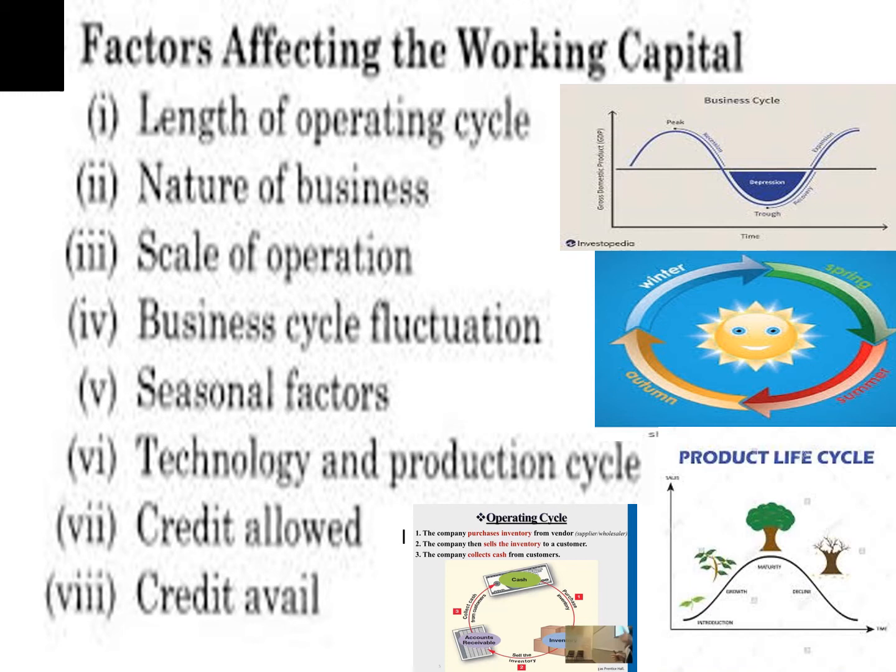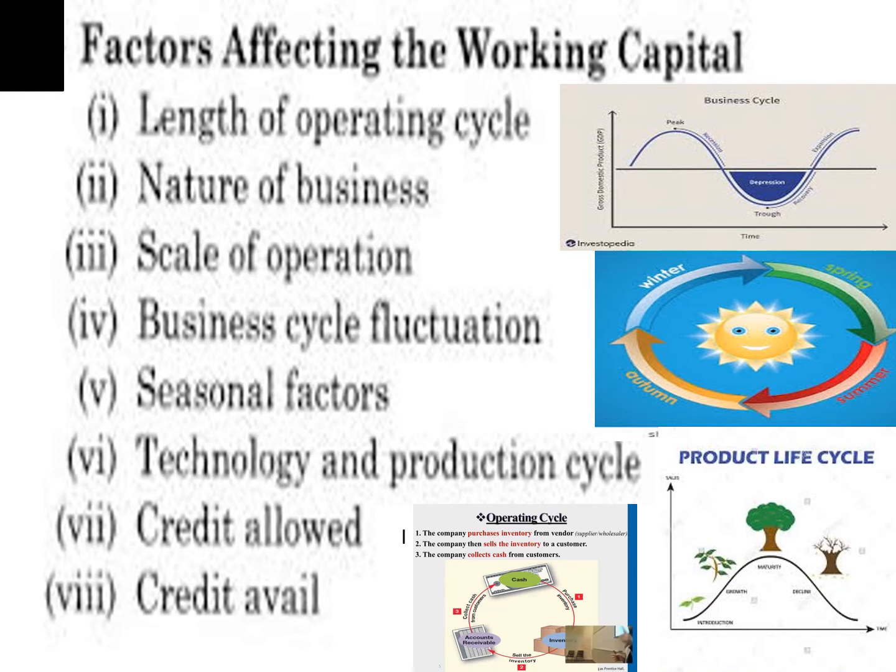First is the length of the operating cycle. To what extent you need to lock in your money. Maybe your production cycle goes a bit long, then when it is out in the market, then only you get return. So what is this length of operating cycle?